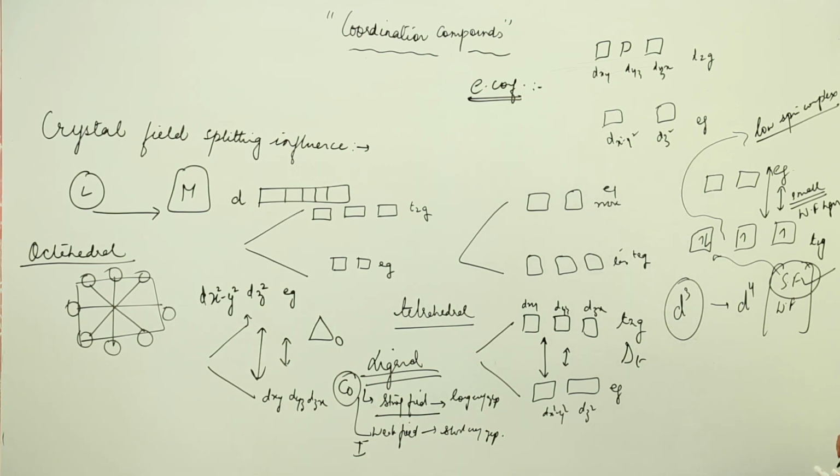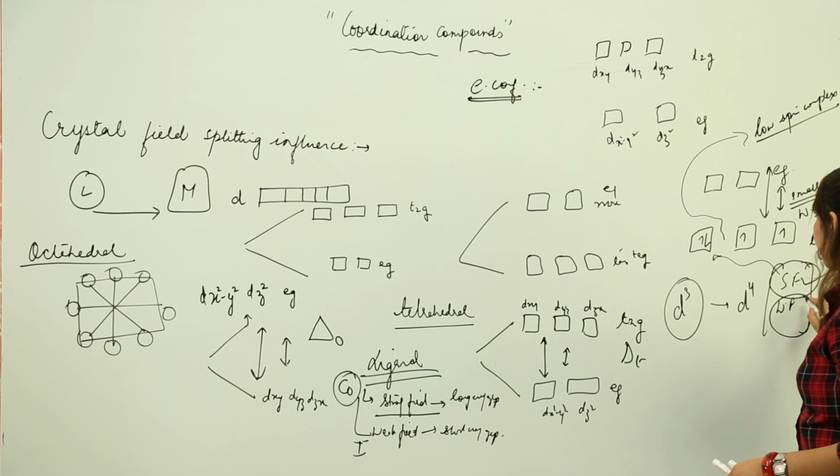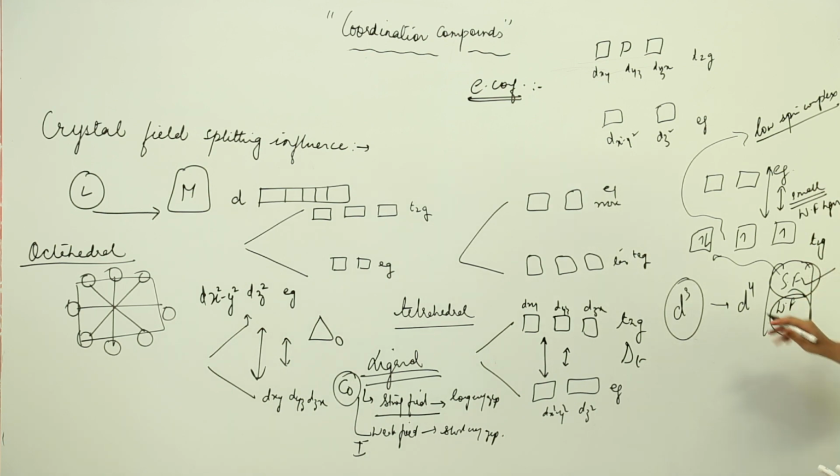But if we have the weak field ligand, then the electron is not going to pair here, there will be small energy difference, so the electron will get excited into the other level. And as you can see in this complex, there are a lot of unpaired electrons as compared to the before one, so that is why it will form a high spin complex.